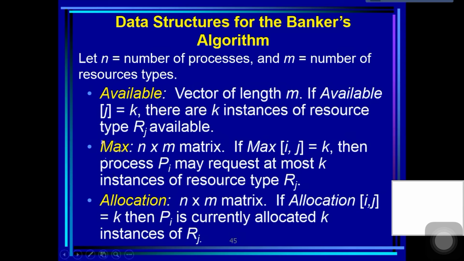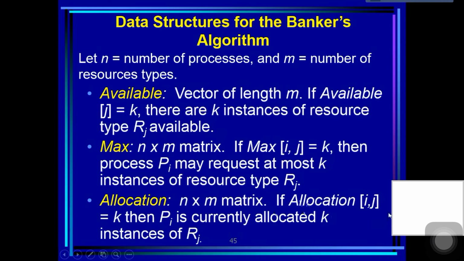The second is the Max matrix. It is an N times M matrix. If Max[i][j] equals K, then process Pi may request at most K instances of resource type Rj. Third, the Allocation matrix. It is also an N times M matrix.